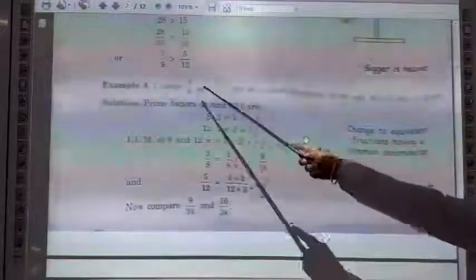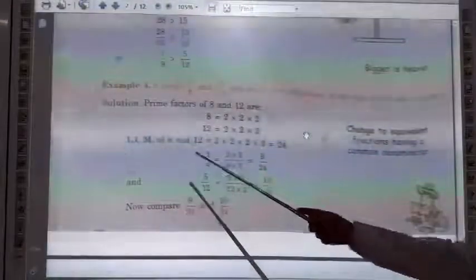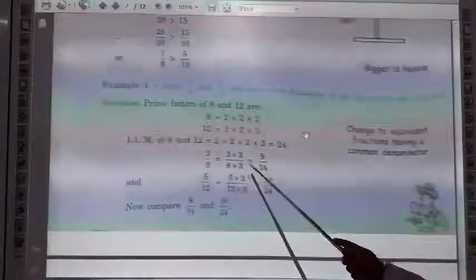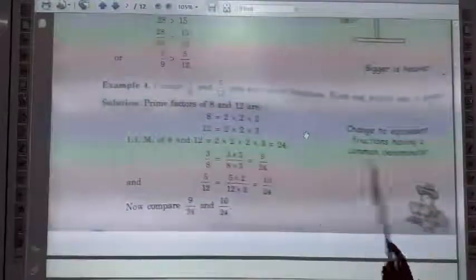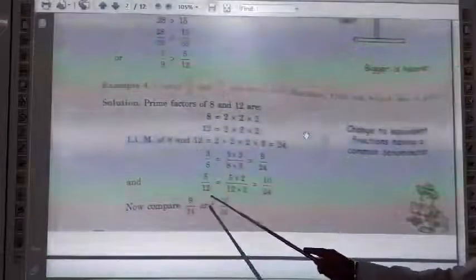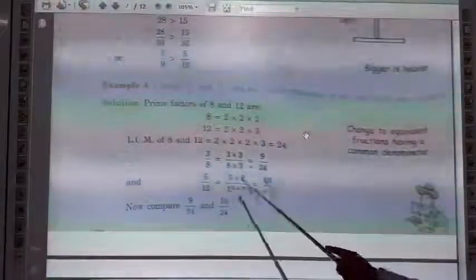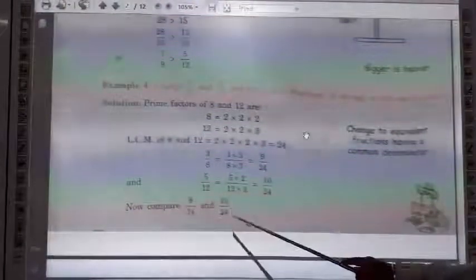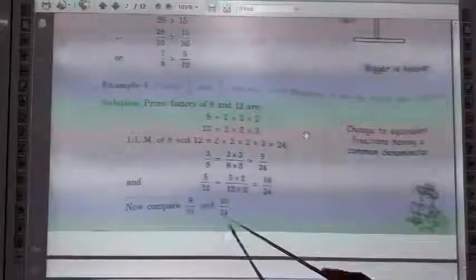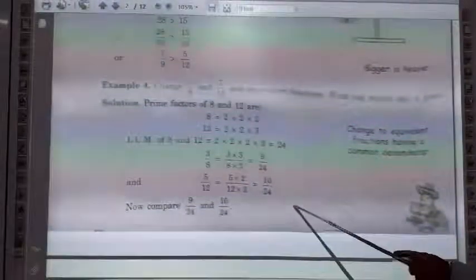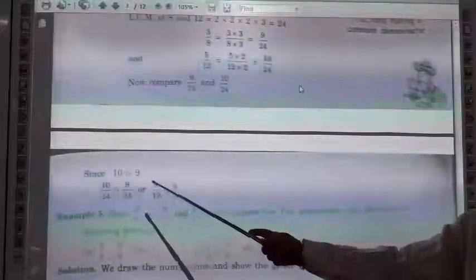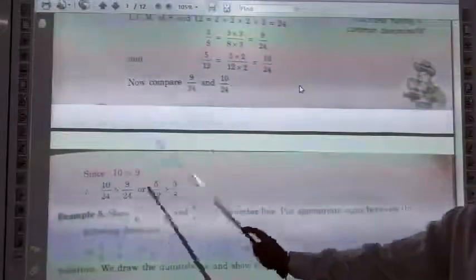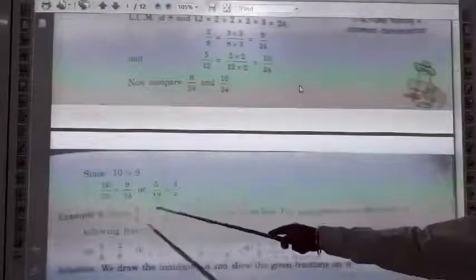So 3/8 is equal to, LCM is 24, 8 threes are 24 and 3 threes are 9, 9 upon 24. 5 upon 12, 12 twos are 24, 5 twos are 10, 10 upon 24. Now compare 9 upon 24 and 10 upon 24. Look, denominator is same. So since 10 is greater than 9, 10 upon 24 is greater than 9 upon 24, or 5 upon 12 is greater than 3/8. Okay.